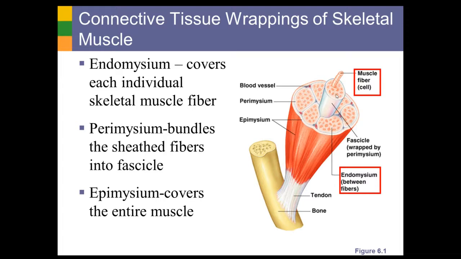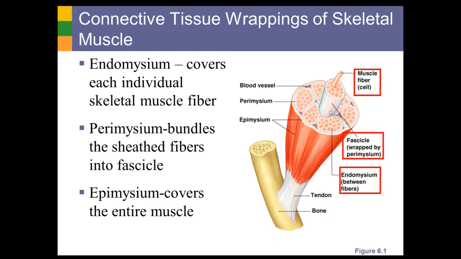You can see the little endomysiums that are surrounding each of these skeletal muscle fibers. And then all of those skeletal muscle fibers are packaged together and surrounded by a layer of connective tissue called a perimysium. And this entire structure, the skeletal muscle fibers wrapped in the perimysium, is called a fascicle.